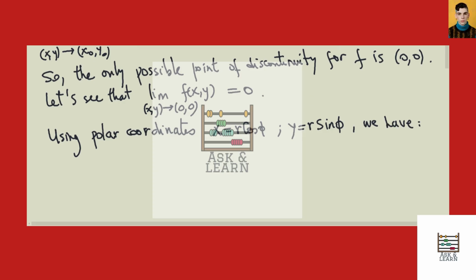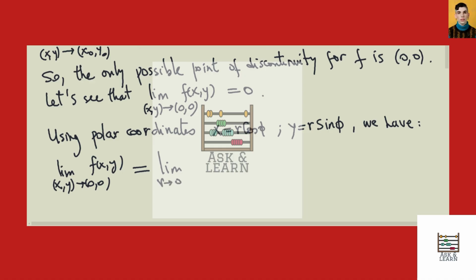And we have that the limit when (x, y) goes to (0, 0) becomes the limit when r goes to 0.